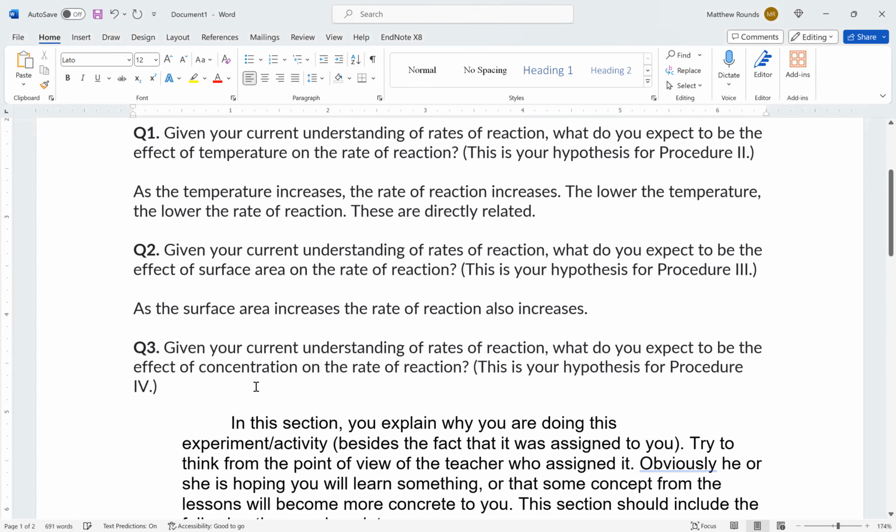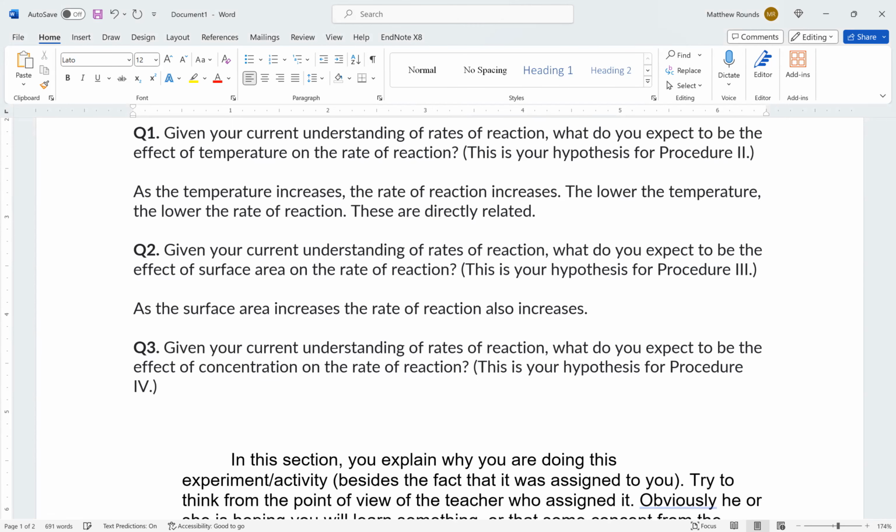Now we have to do the same thing for concentration. As concentration increases, what will happen to the rate of reaction? And you can look at your notes from yesterday to make that determination. All right, I have the other notes pulled out, which is a good thing.